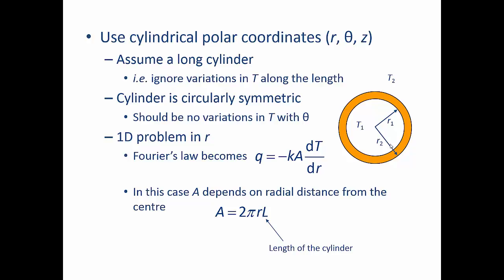The big difference is that A now depends on the radial distance from the centre of the pipe, because the surface area of a cylinder is always given by the circumference of the cylinder times the length. Now the length I've just said is going to be very long, but it is good practice to leave it in explicitly, and the circumference obviously is 2 pi r.